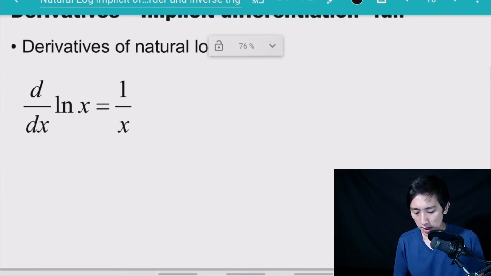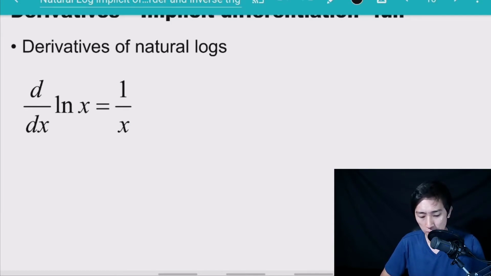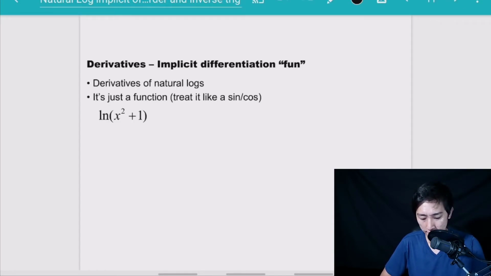So again, when we're taking the derivative of natural logs, the derivative of a natural log is just 1 over x. And this is a natural log function, so we treat it like a function, which means chain rule and all those fun rules apply. We treat it kind of like we would sine or cosine. So basically, let's look at the outer layer first when we do chain rule. We take 1 over whatever this is, x squared plus 1.